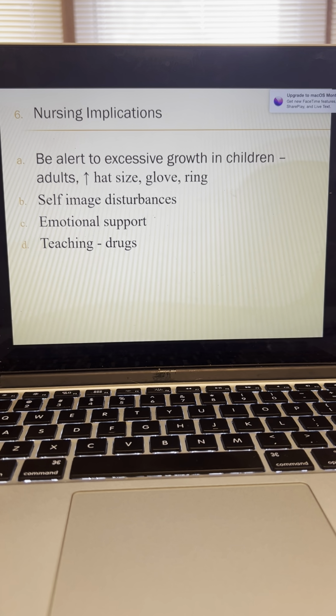Then I have a picture there in your notes of a young lady versus the man that I had in the PowerPoint. You can see, again, fairly refined features, a very nice, attractive young lady, and then see how coarse her facial features and her hands and stuff got as her acromegaly progressed. And we're talking about pictures that are fairly old here.